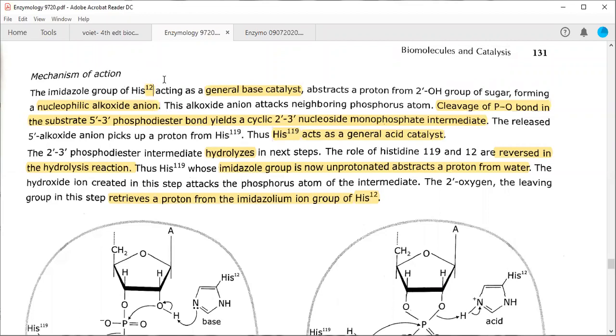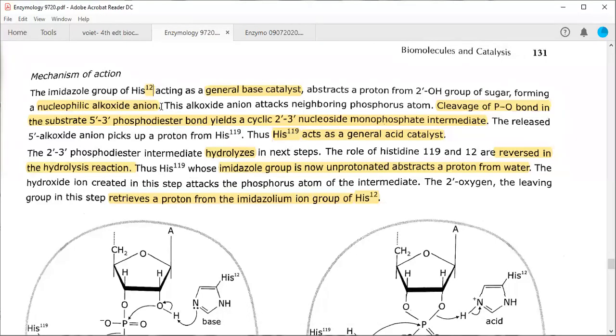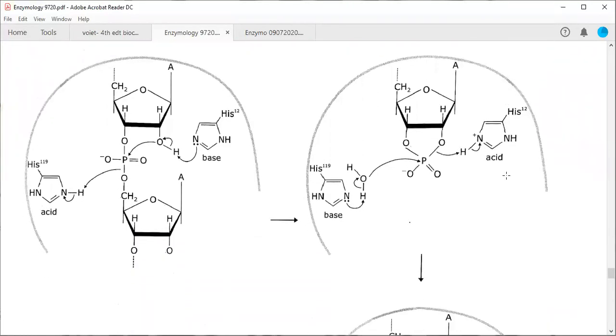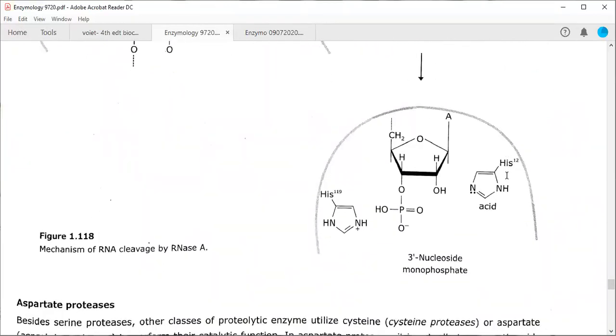So you should remember this. Second, it abstracts the proton from the 2' hydroxyl group of the ribose sugar in the RNA itself, and it generates an alkoxide anion. This can be a direct question. This alkoxide anion has a nucleophilic function in this reaction mechanism. Finally it is able to degrade the RNA, therefore it is called RNase A.